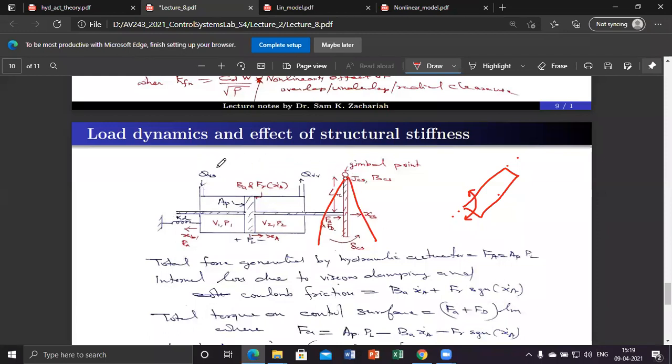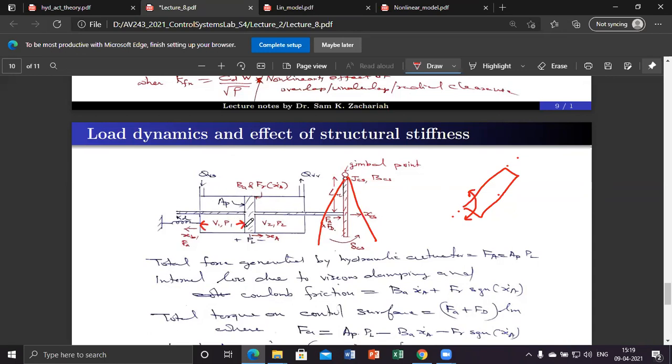Let us now look at the force path. Assume the forward motion, say P1 is greater than P2. What it means is, because of the fluid pressure, there will be an effective force pushing on the piston, and because it is pressure, it will act like this only.